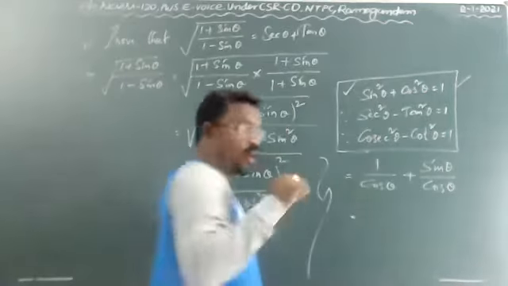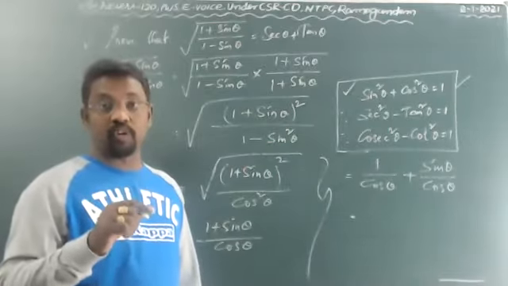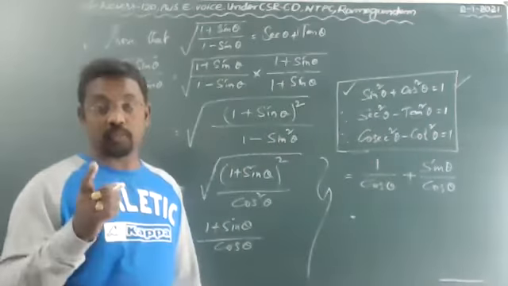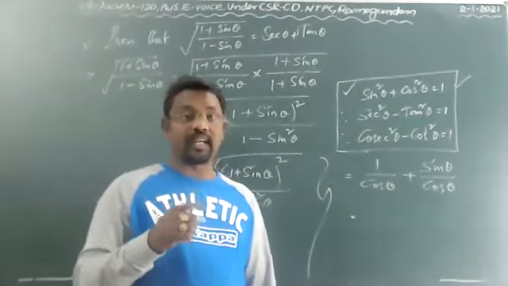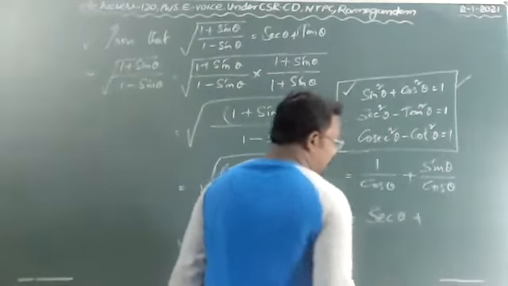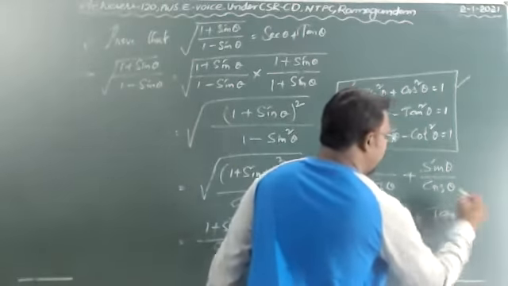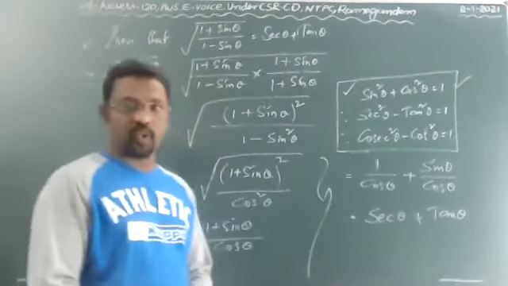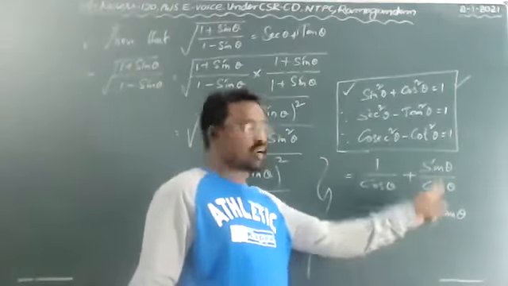Now, already we know, from the very first class I said, the reciprocal of cos theta, 1 by cos theta, is secant theta. Sec theta plus sine by cos, you can write as tan theta. 1 by cos is secant, sine by cos is tan.